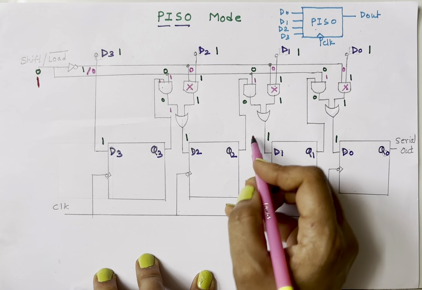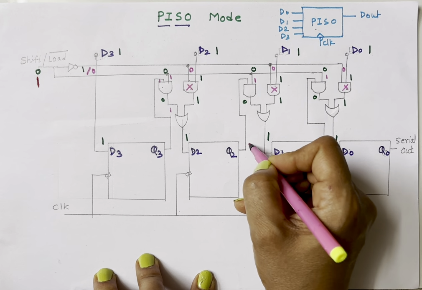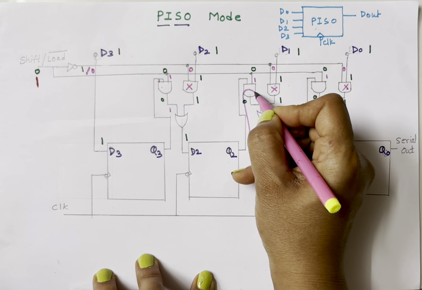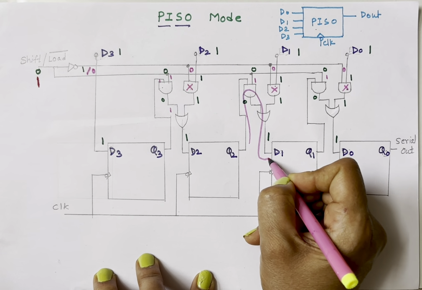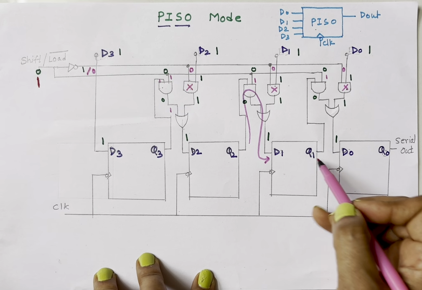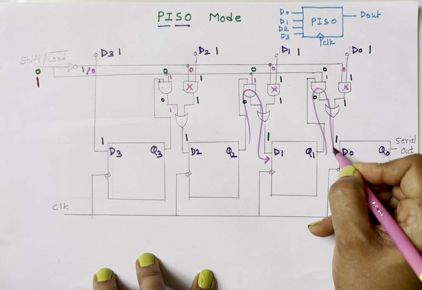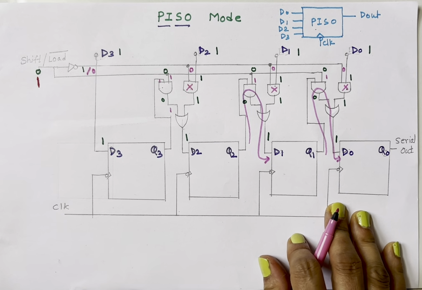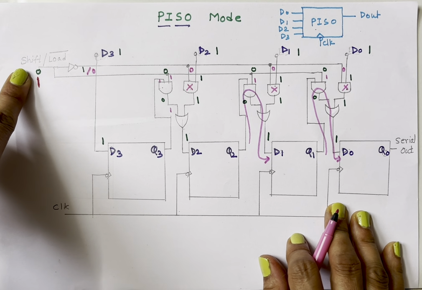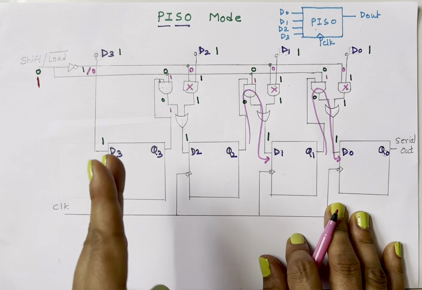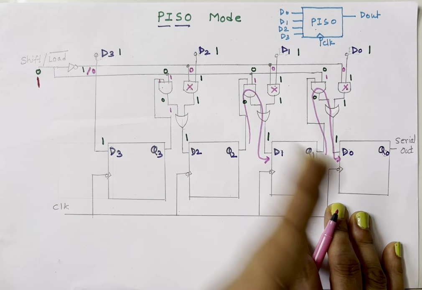Similarly, Q2 will come to D1 through this AND gate and OR gate. Similarly, Q1 will also come here through these 2 gates. In this way, during shift mode, data will get shifted from one flip-flop to the other.